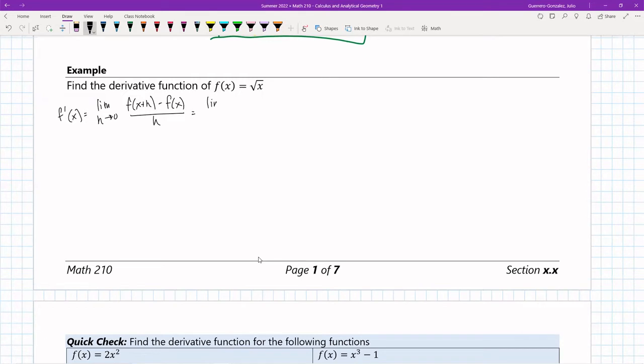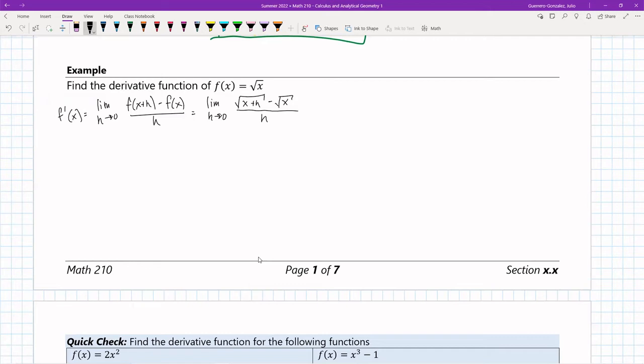So the limit as h approaches 0 of the square root of x plus h minus the square root of x all over h. Okay, we can't plug in 0 still, right? Because we'll be dividing by 0. So we need to somehow do some mathematical voodoo to make that h on the bottom disappear.